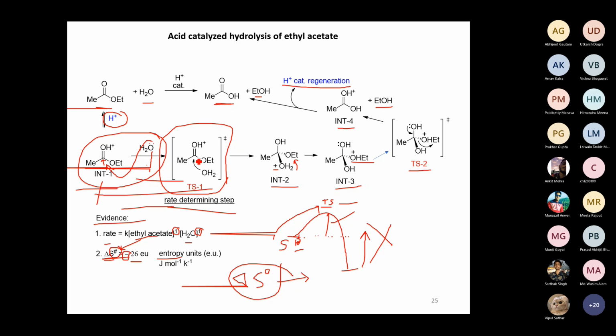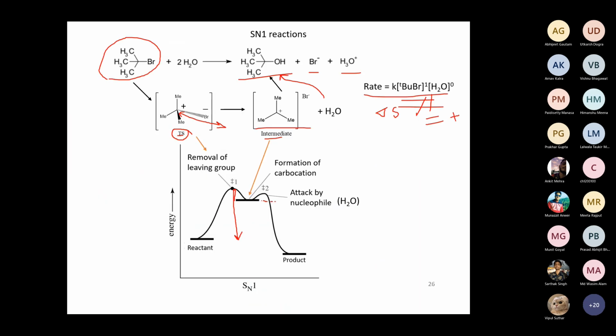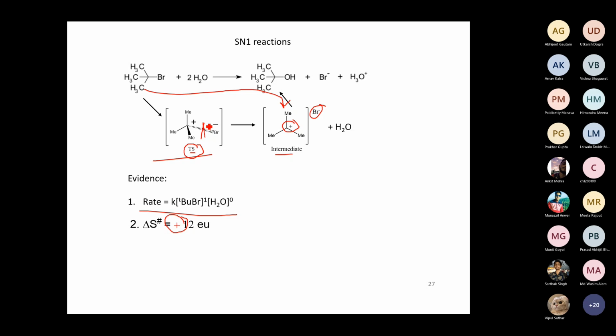Negative means from the starting material to the transition state in the rate determining step, the entropy is decreasing, and in the SN1 reaction, the entropy is increasing from the starting material to the transition state. Does it make sense? Yes, sir. Yeah, it's very interesting.